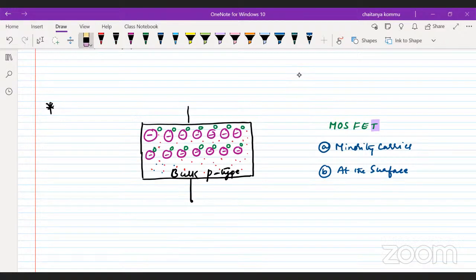Instead, what we can do is just place an oxide here. The capacitor structure we need to form. So we need to form a capacitor on top of it. Consider a polysilicon or a conductor on top of it.